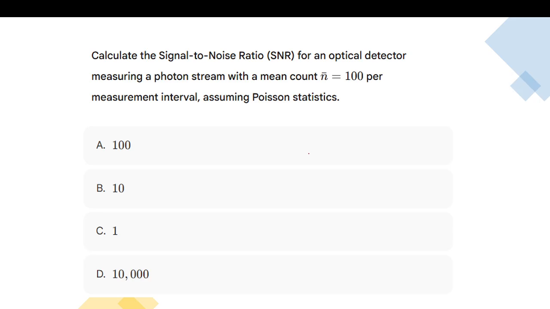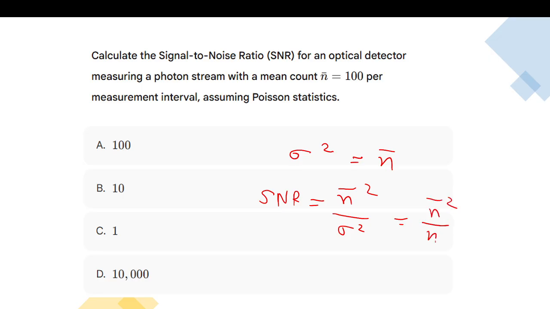As we know, in Poisson statistics, n square is equal to sigma square is equal to n bar, which means the SNR is n square divided by sigma square, so n bar square divided by n bar, which is n bar.